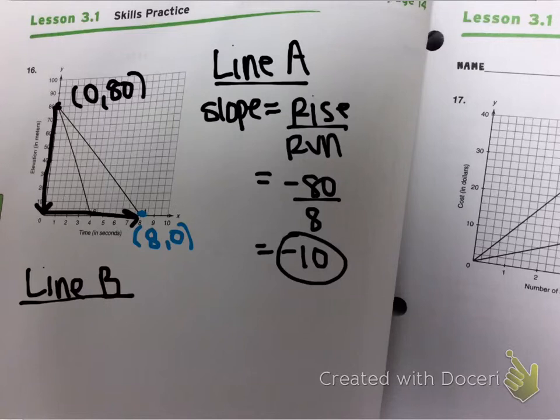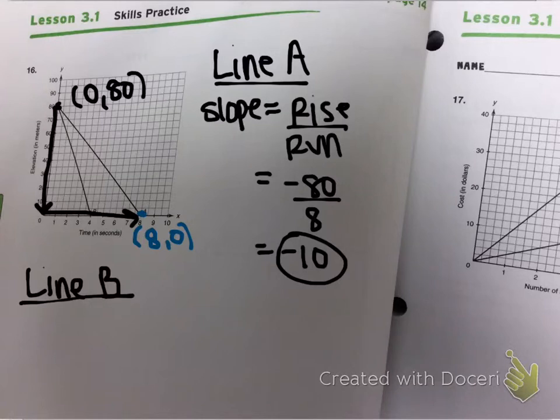Do you get negative 80 over something? I'm looking at how many units did I fall. So the fall tells me negative. And then I'm going from 80 to 0. So that tells me 80. So what we're really doing is subtraction.